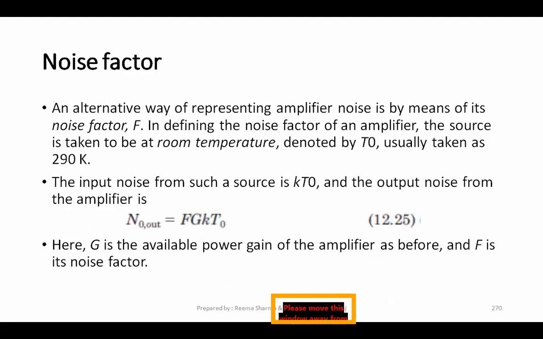An alternative way, so this is just talking about the noise factor. An alternative way of representing the amplifier noise is by means of the noise factor F. So F is nothing but your noise factor, the total of whatever noises we have discussed so far. In defining the noise factor of an amplifier, the source is taken to be at room temperature, denoted by T naught.